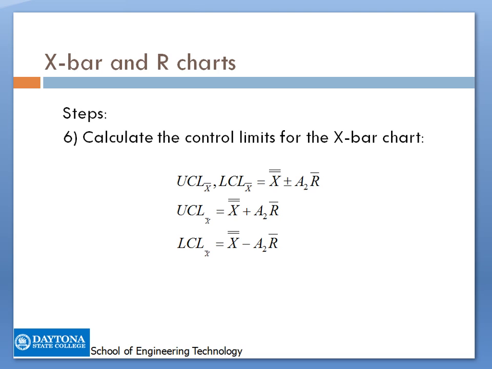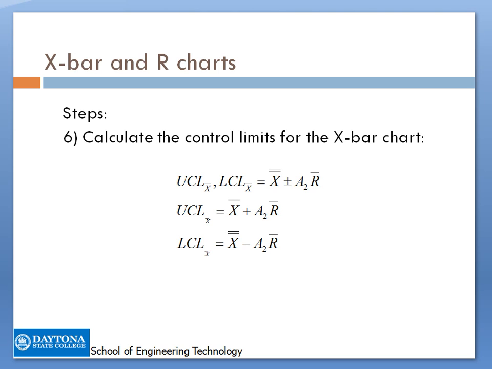Once you have that, you now have to calculate the upper and the lower control limits for both Xbar and the R chart. For the Xbar, the way that you calculate the upper control limit is using the X double bar that you calculated in the prior step plus A sub 2 times the R bar.